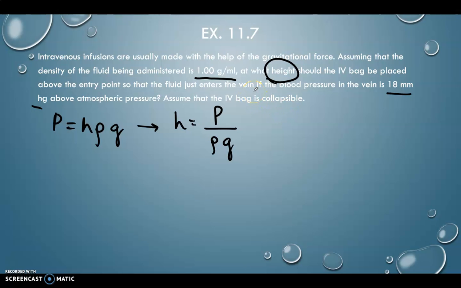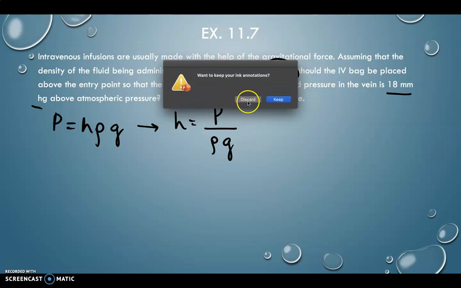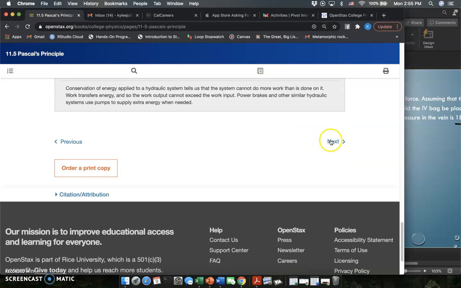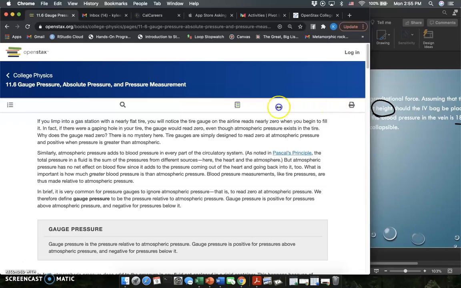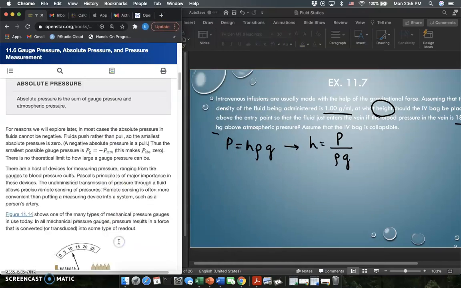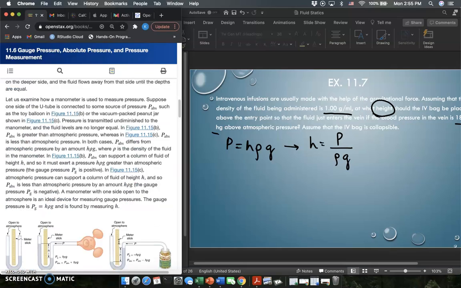probably go to our textbook. Let's go ahead and do that and figure out maybe some conversions if possible. So let's see.